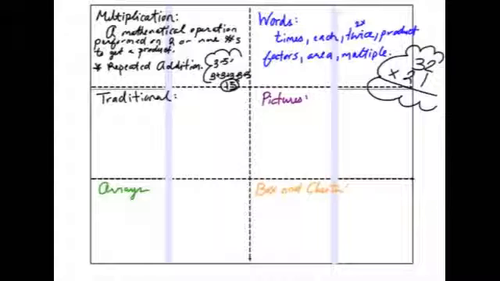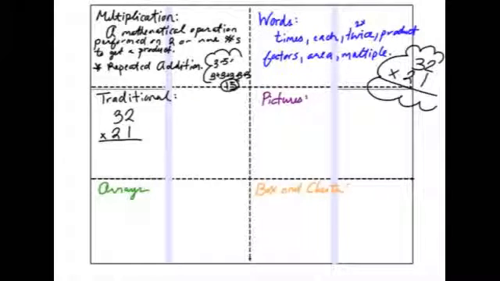Beginning with the traditional method of multiplication, you want to just remember that multiplication, long multiplication, has many steps. So we'll try to write out the steps as we go, and hopefully that will help us.